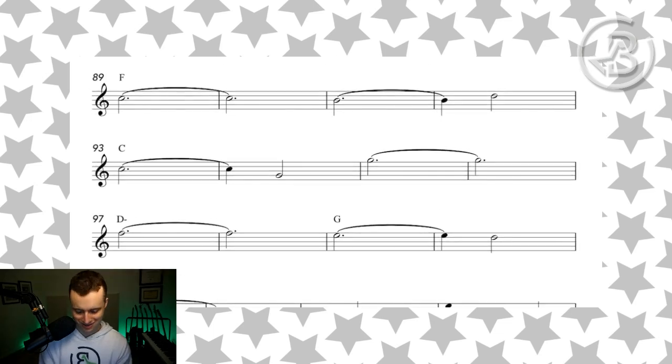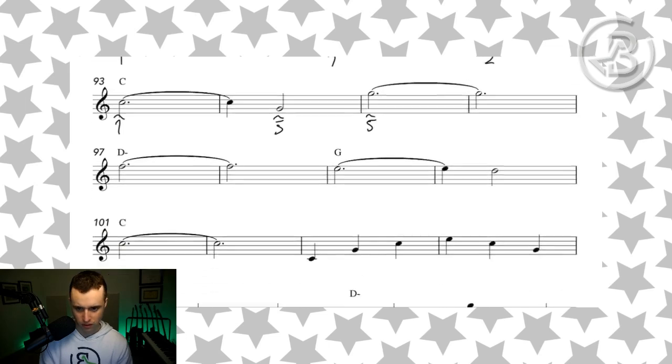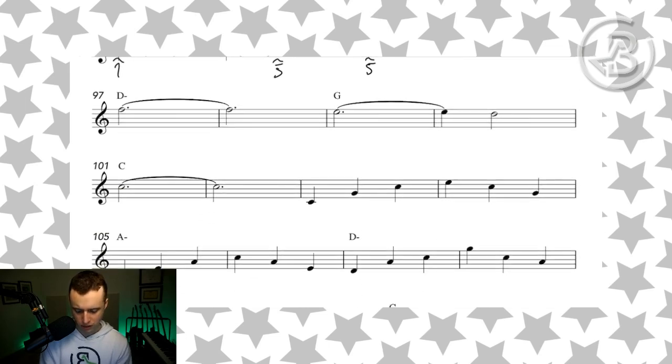Measure 89. 1. 7. 2. 1. 5. 5. Measure 97. 4. 3. 2. 1.